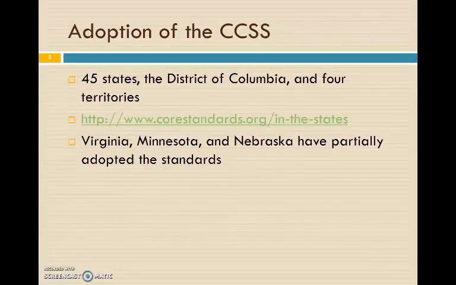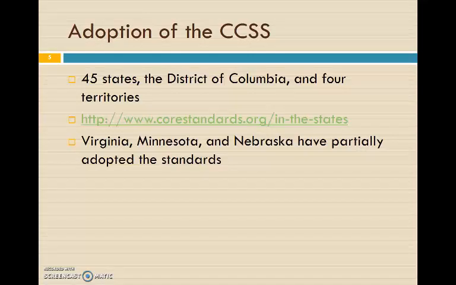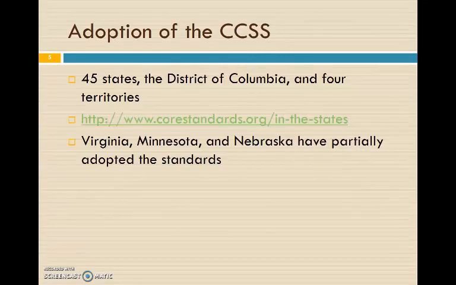So this changes though, because the Common Core has become very politicized, and state-level leaders have seen some pushback from their communities about this idea that this was coming from the federal government, which is actually not true.